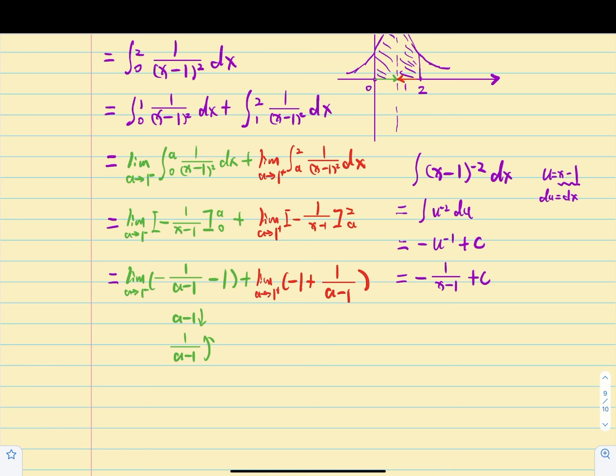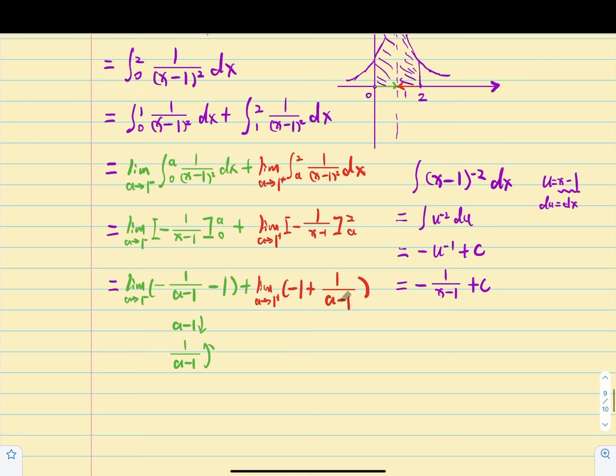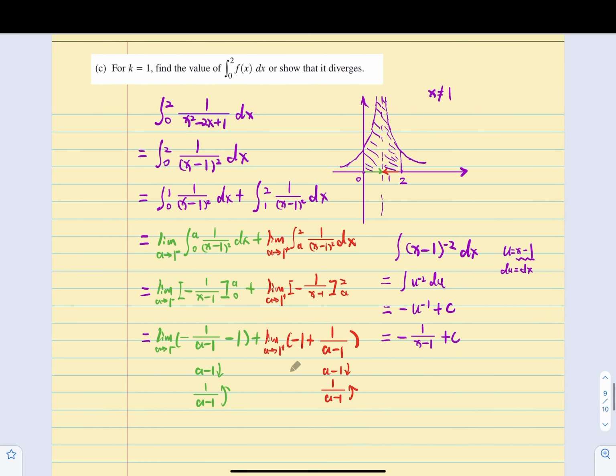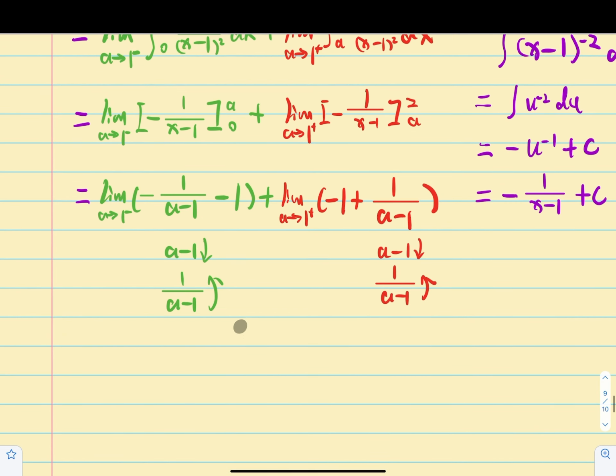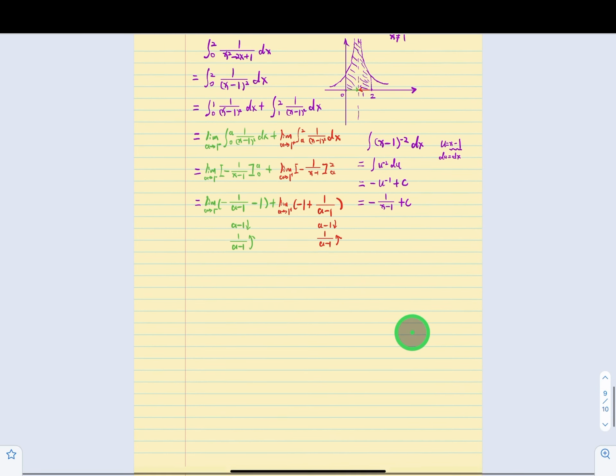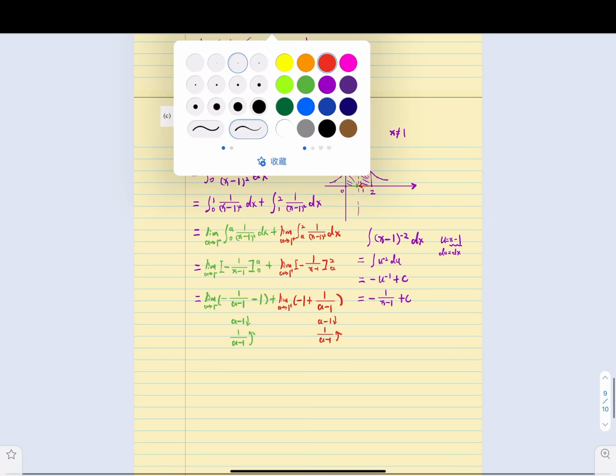And also approaching from the positive side, a minus 1 will still go very, very small, like 1.0001, so this will be positive. So 1 over a minus 1 will be pretty big, and it goes to an unlimited value. So it will diverge, because 1 over a minus 1 will grow bigger and bigger. This part will diverge.